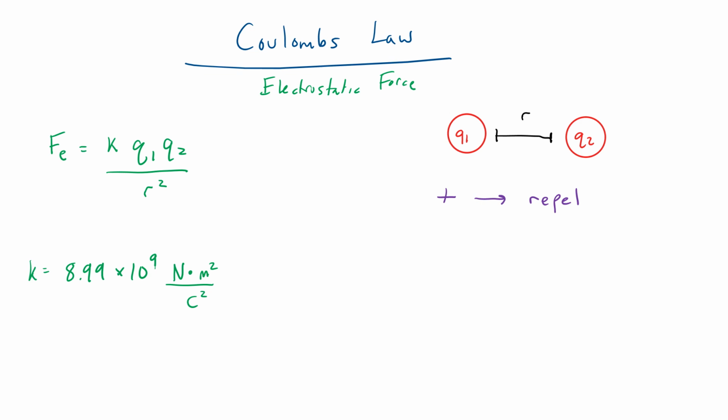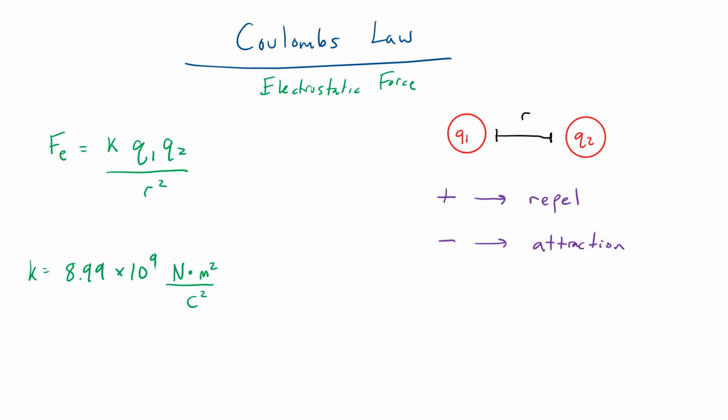But any combination of a negative and a positive for Q1 and Q2 would give me a negative answer, and that is going to indicate that I have attraction between those charges. So if I pay close attention to those charges and include them in my math, the numerical value, the sign on the electrostatic force in the end will also indicate if there's repulsion or attraction.